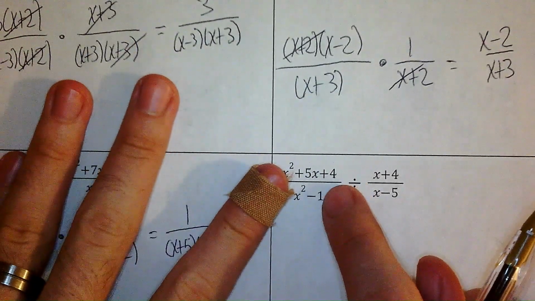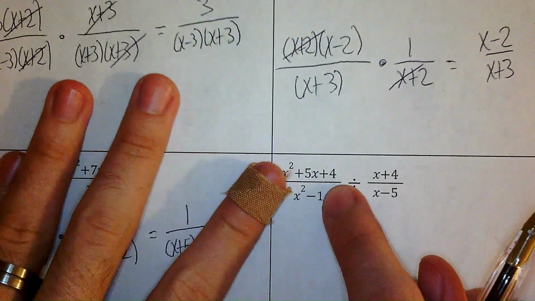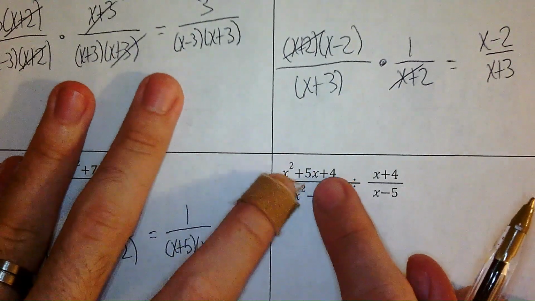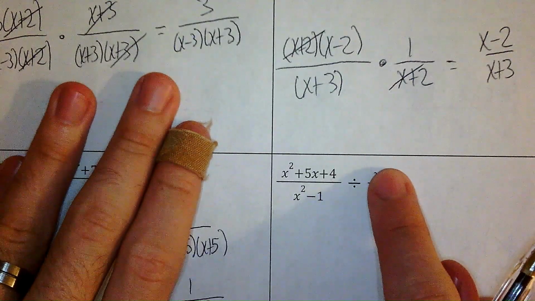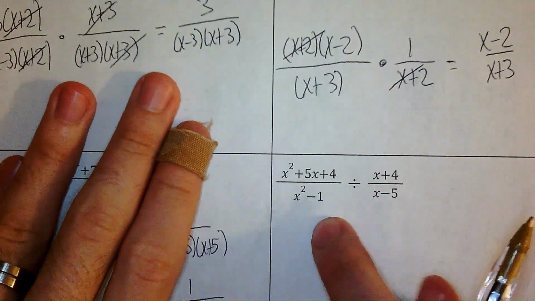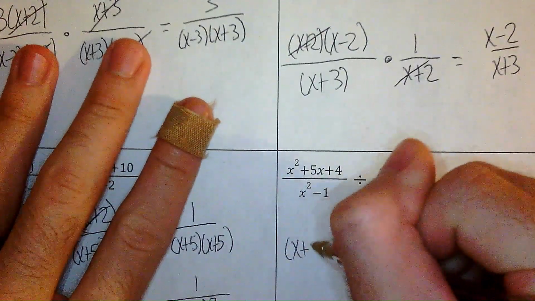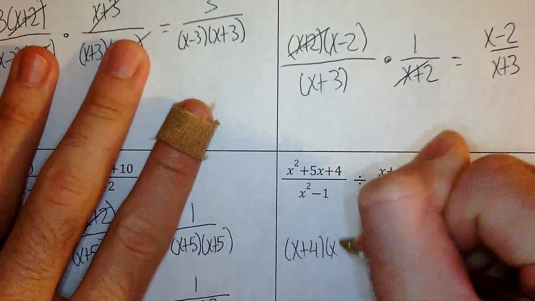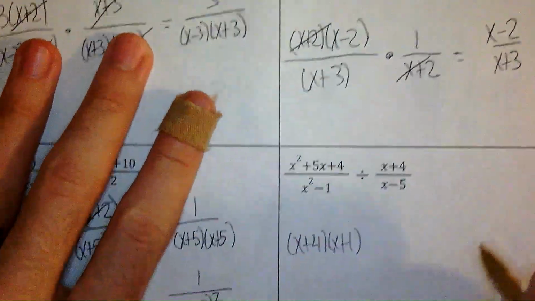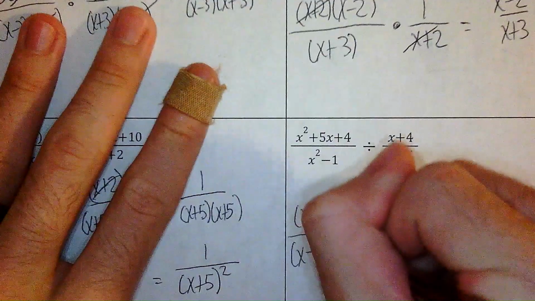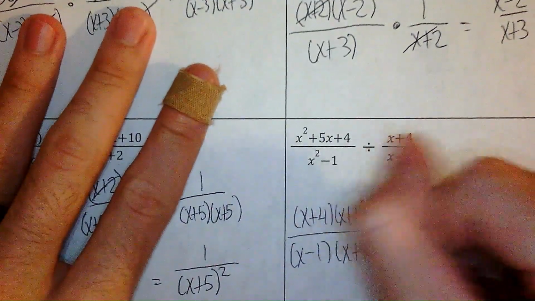Now this one, difference of squares, you could also see it as multiplies to negative 1 and adds to 0. So that's going to be 1 and negative 1. Let's write those down. So the 4 and the 1 on the top. On the bottom we have 1 and negative 1.